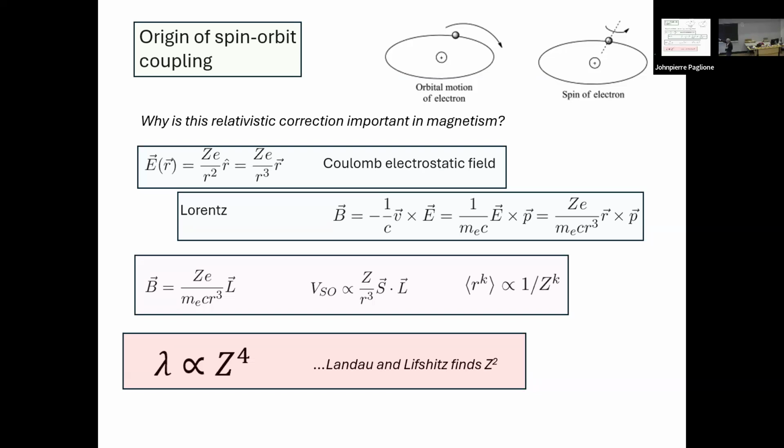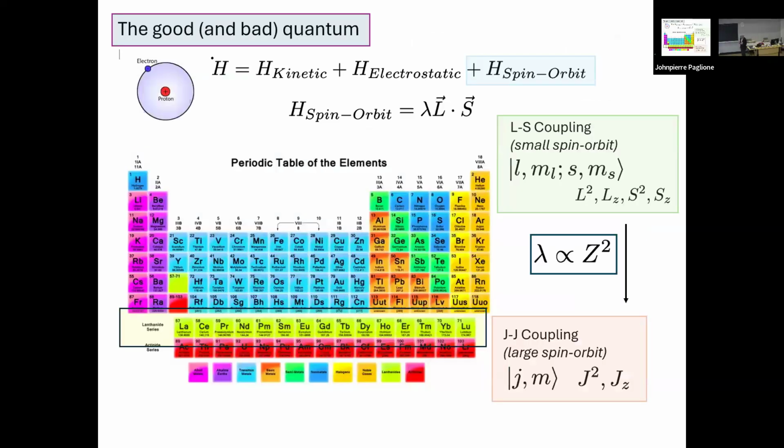What they find actually, they start doing further corrections, and they find that this thing actually grows as Z squared, the atomic number squared. That's fine. The point I want to make here is that the spin-orbit coupling scales with the atomic number to some big power, and that has consequences.